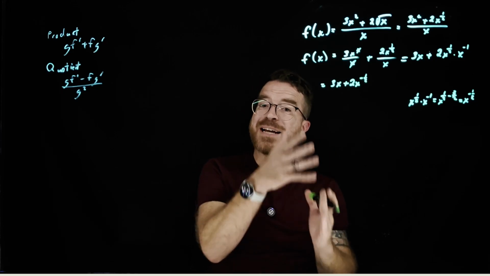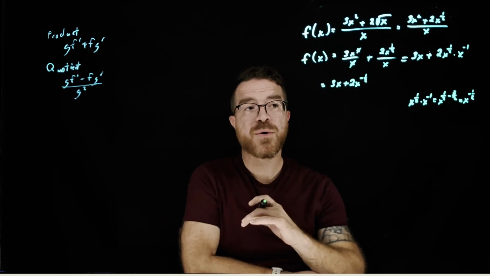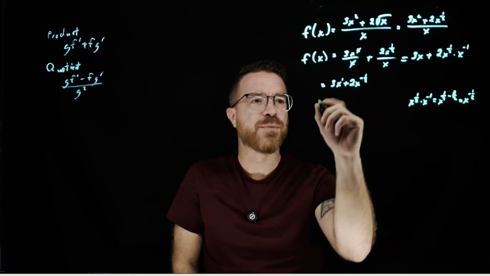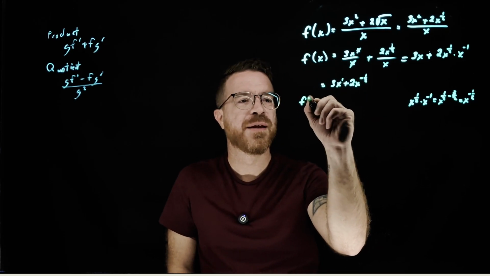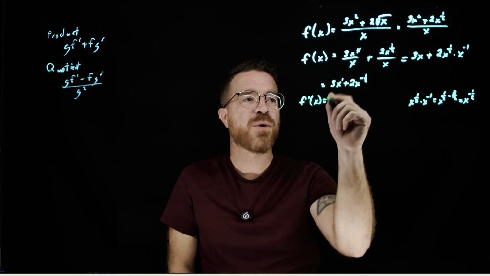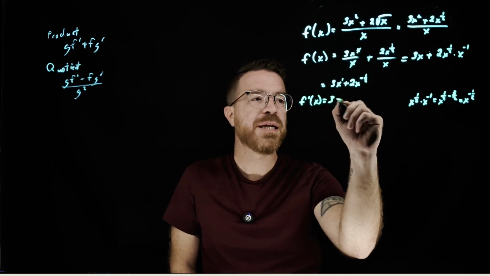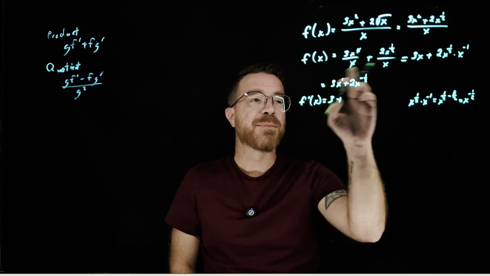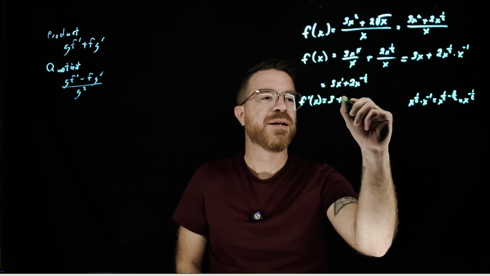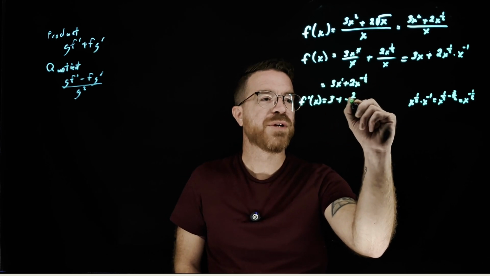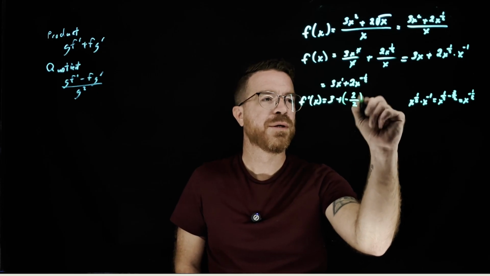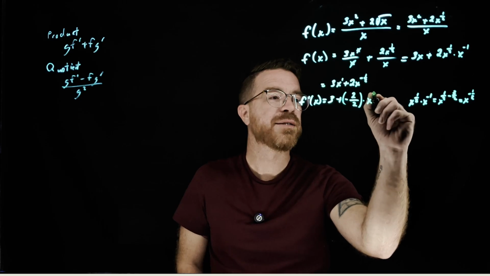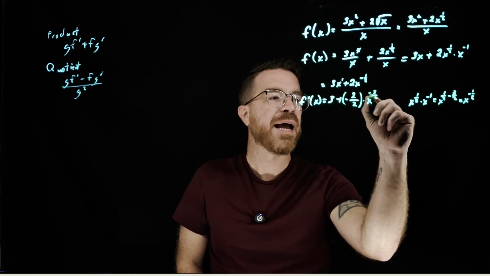And now I can actually solve this just using my power rule. So I have 3x, you can think of this as x to the 1. So when I take the derivative of this, using my power rule, 3x just becomes 3 plus, and then if I do my power rule on this, I'm going to bring down a -1/2, so I'm going to get minus, so I got the 2 over here, so 2 over 2, and then I'm going to subtract 1 from my power, so this is going to be minus 3/2.